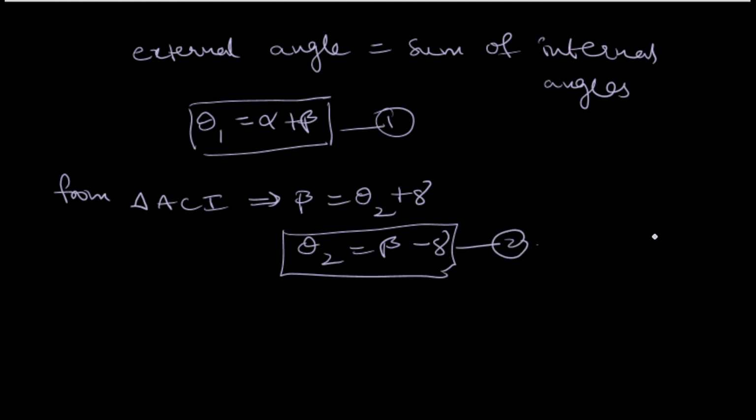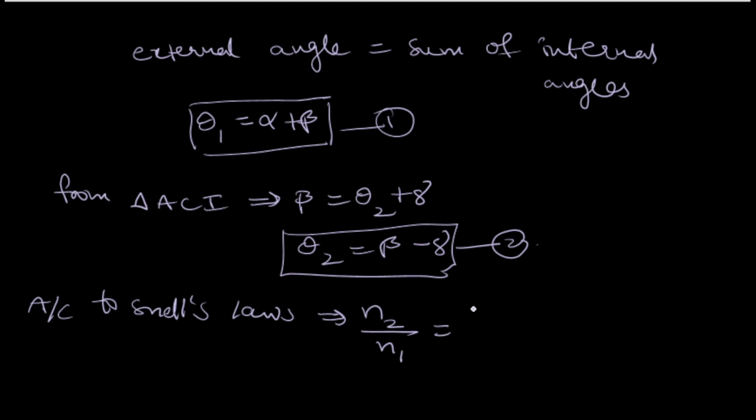Now, according to Snell's law. What is Snell's law? Snell's law is nothing but the ratio of refractive indices. The ratio of refractive indices N2 by N1 is equal to sine of the incident angle, that is theta 1, by sine of the refracted angle, theta 2.